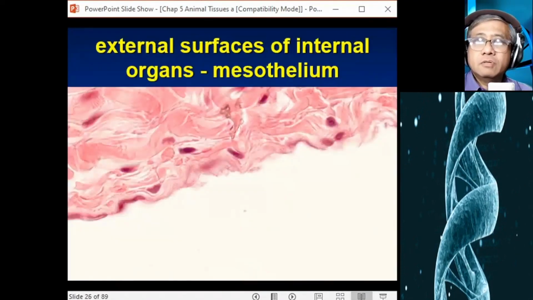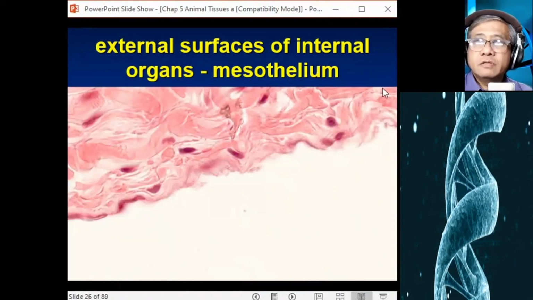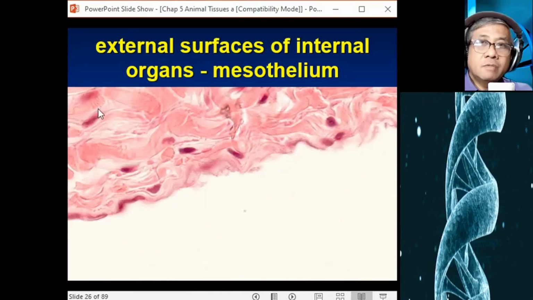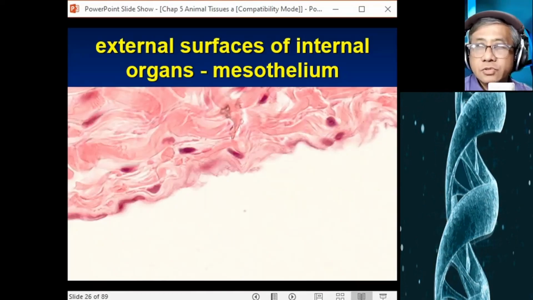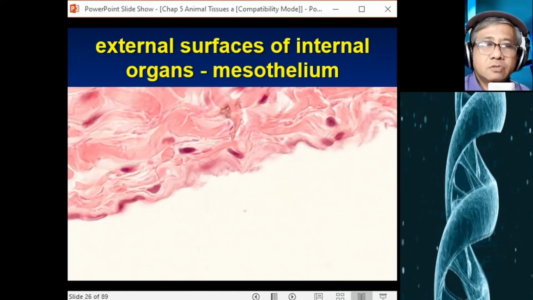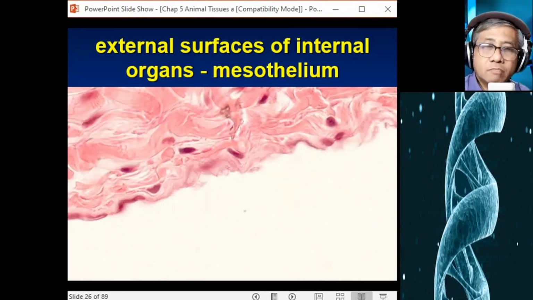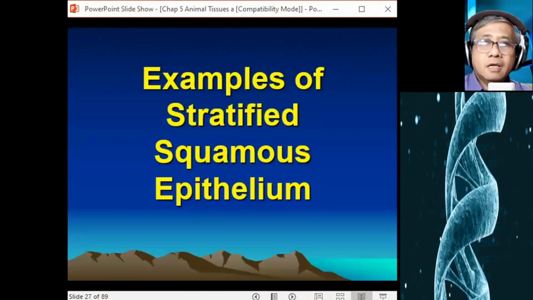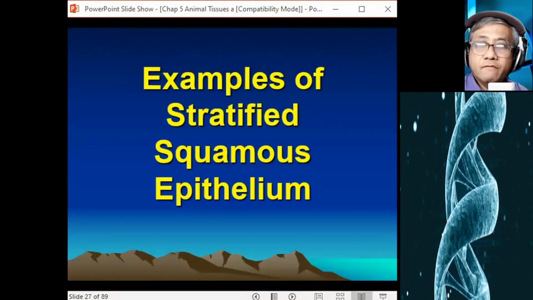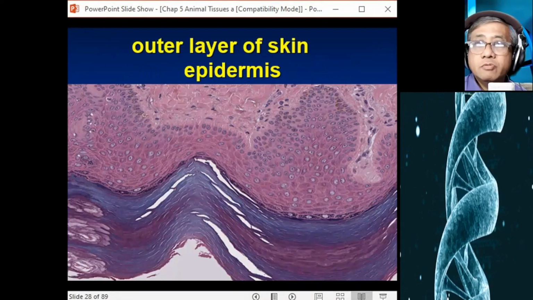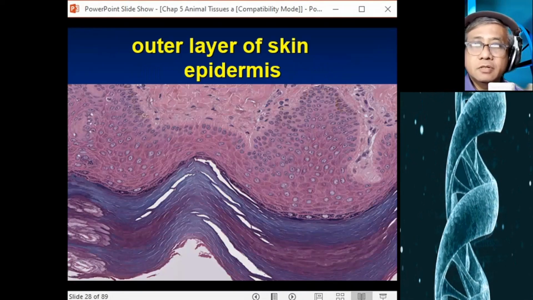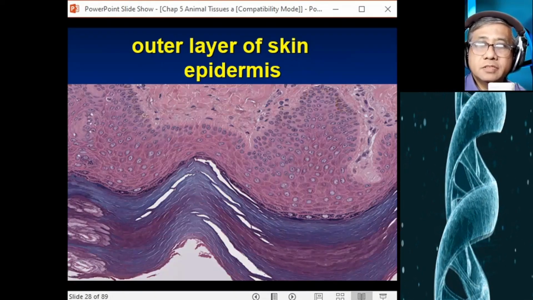Alright, also external surfaces of internal organs, parang covering ng mga internal organs, or the mesothelium is also made up of simple squamous epithelium. Examples of stratified squamous epithelium would be the skin, yung outer layer ng skin or epidermis.